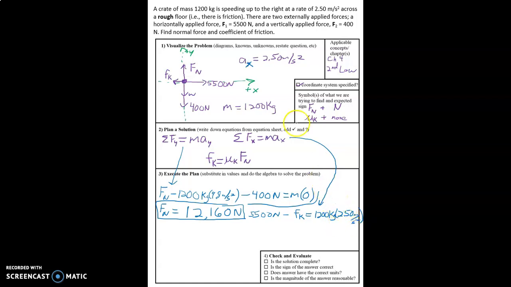And that's the a sub x, as I just talked about a moment ago. And so we can find out F sub k. Do the algebra here. 5,500 minus 1200 times 2.5. We get 2,500 newtons for the force of friction.